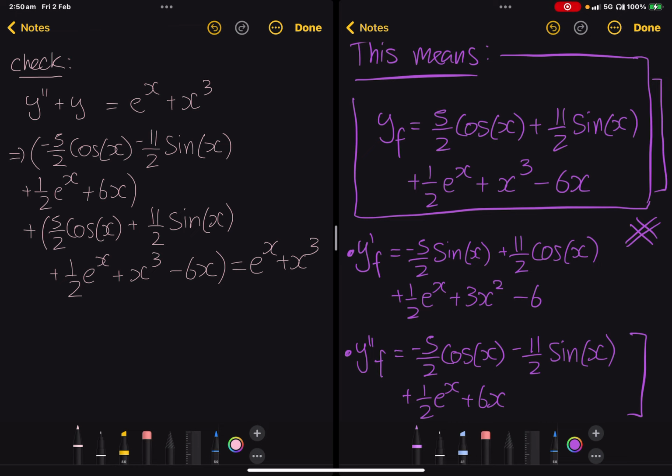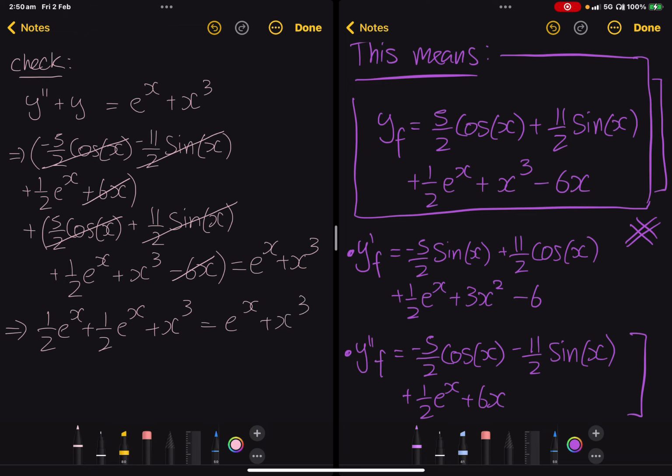Well, we have minus 5 on 2 cos x plus 5 on 2 cos x, minus 11 on 2 sine x plus 11 on 2 sine x, minus 6x plus 6x. On the left-hand side, we're left with 1/2 e to the x plus 1/2 e to the x plus x cubed. This is apparently equal to e to the x plus x cubed.